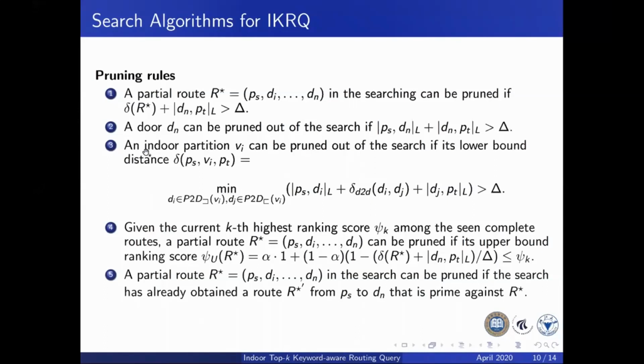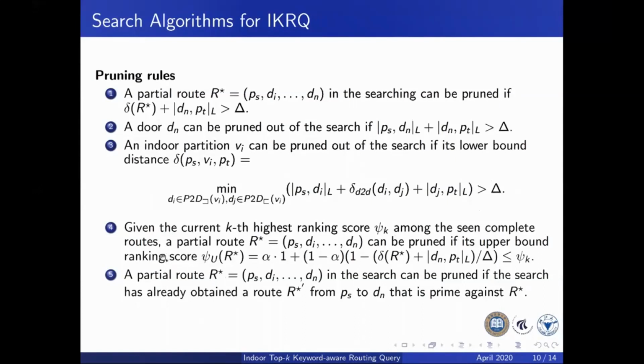As I mentioned, we can use function find to expand the current partial row further. And there are two expansion strategies, topology-oriented expansion and keyword-oriented expansion. The idea of topology-oriented expansion is to reach all accessible doors from the current door based on the indoor topology.